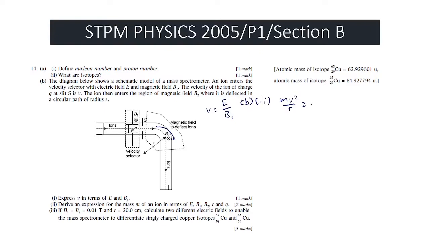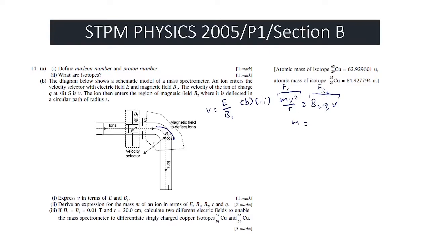So this is given by B2QV, and this is a centripetal force, and this is a magnetic force due to B2. And now we have a mass here, we make it in terms of other things.